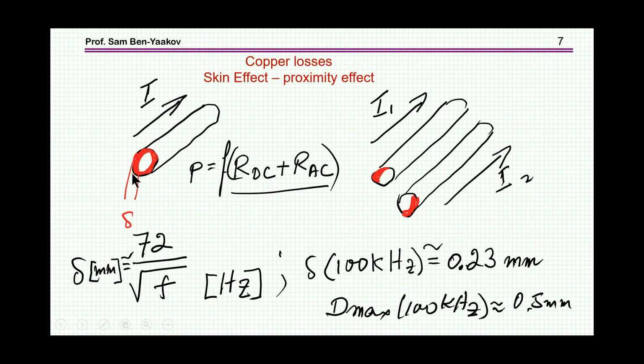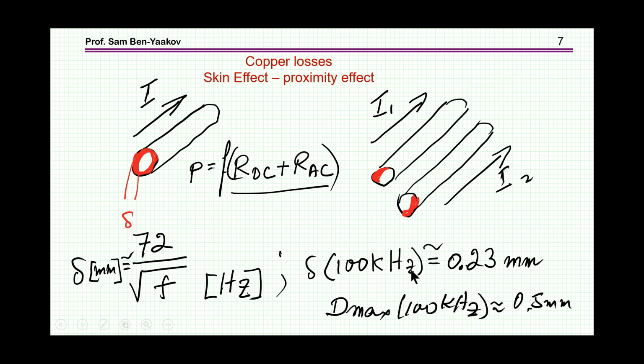Now, of course, copper, which is usually the material that is used for the wire, has some resistivity, but at high frequency we do have the skin effect. This is the approximate expression for given temperature and material. This is for copper, and this is in millimeters, 72 over square root of f in hertz.